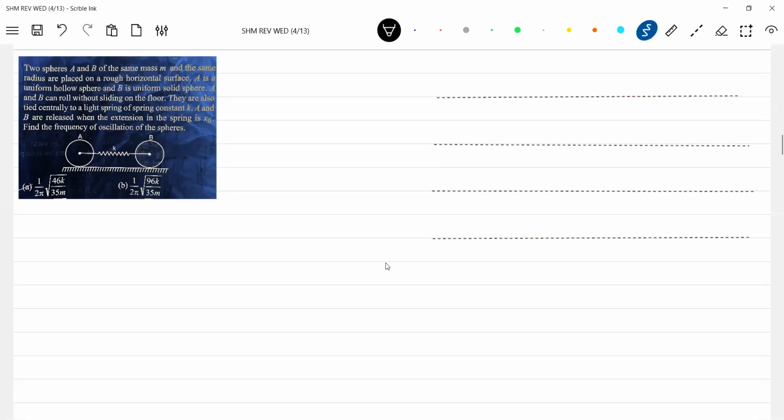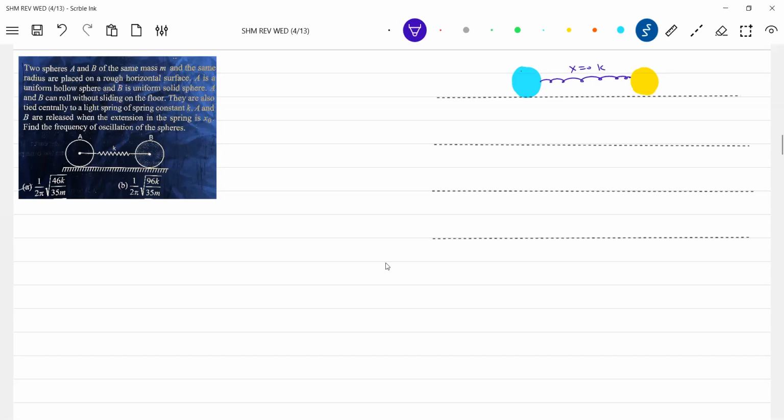So initially both are having the same mass. Initially the spring is relaxed.